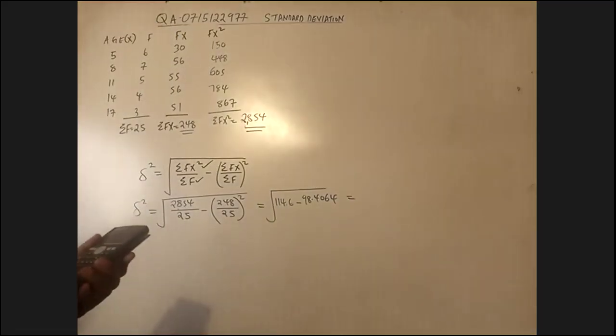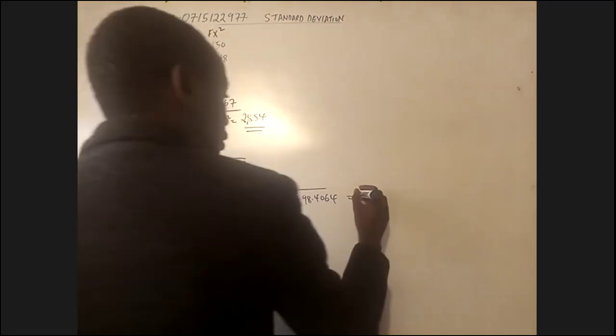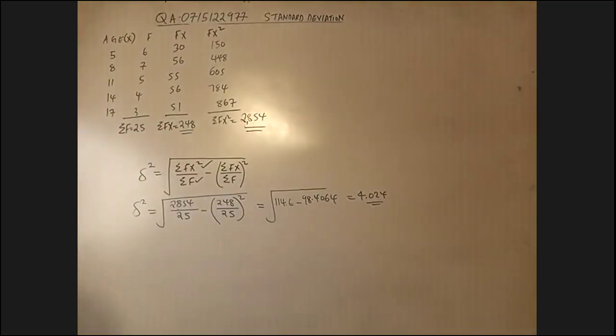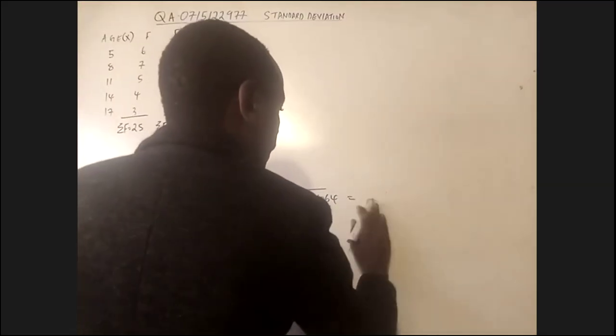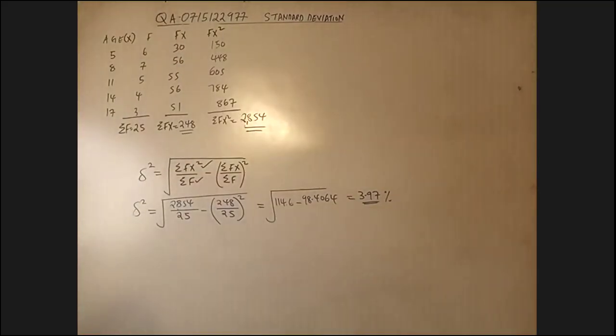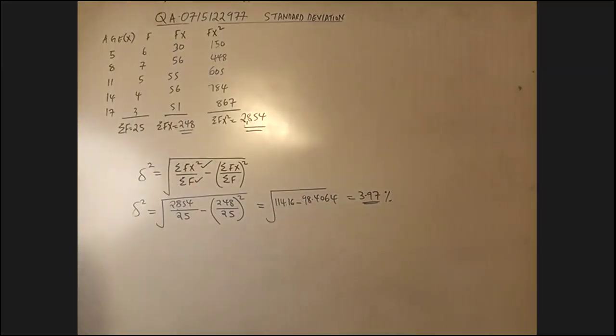Final answer: 114.16 minus 98.464, square root. What do you get? 3.97. Three point 9691. It is just fine.